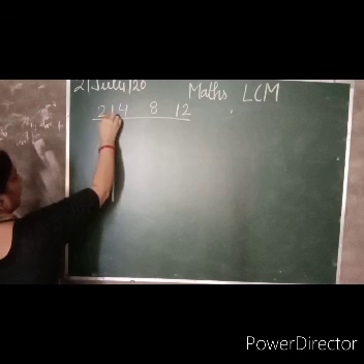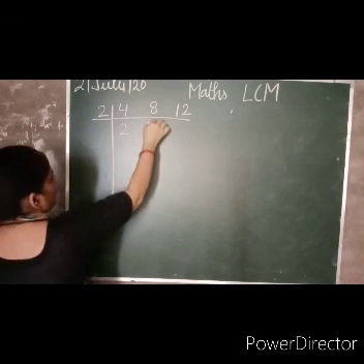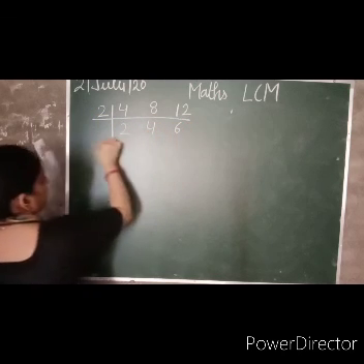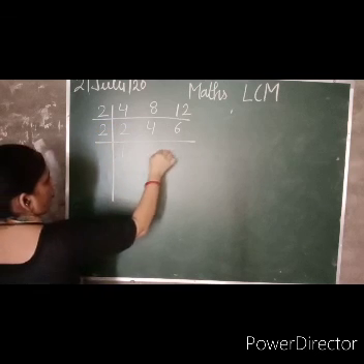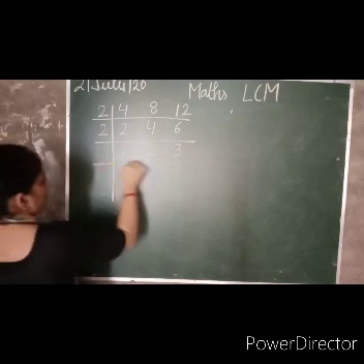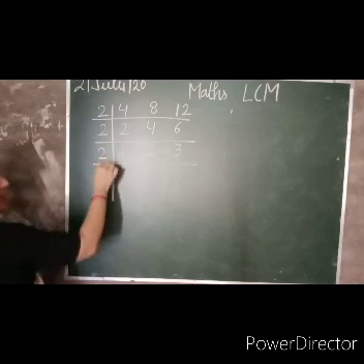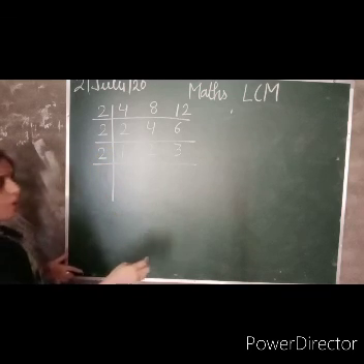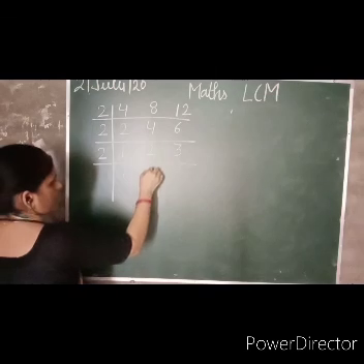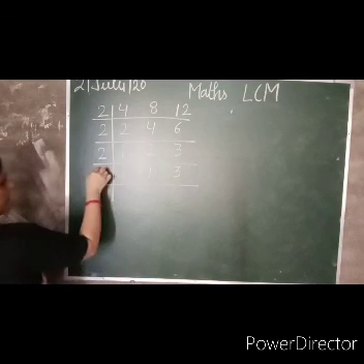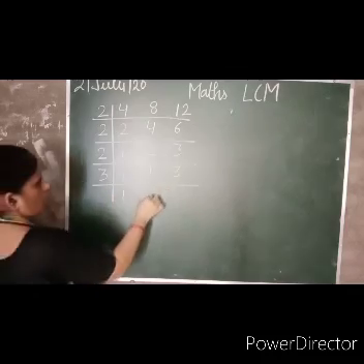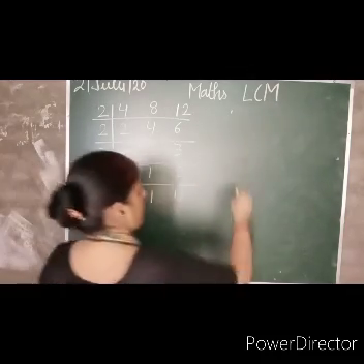Let's see. 2 2s are 4, 2 4s are 8, 2 6s are 12. Now 2 1s are 2, 2 2s are 4, 2 3s are 6. We will divide by 2 till we get no other option. 1, 2 1s are 2, 3 as it is not going to be divided. Then 3, 1, 1, 3 1s are 3.